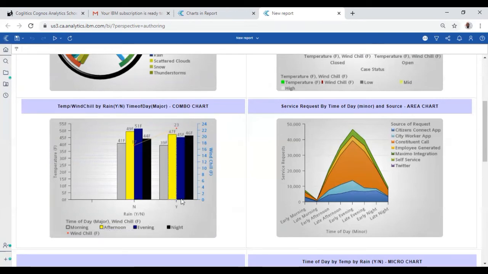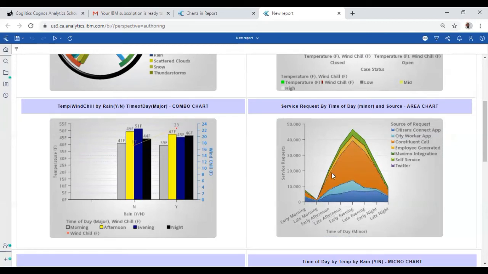You can see the palette that we have here. This is showing morning, that is the ash. The yellow is showing afternoon, this is evening, and this is night, and we also have the same thing here. So that is what I used to create the combination chart, and this is an area chart, very straightforward. The area chart is showing source of requests by the time of the day.